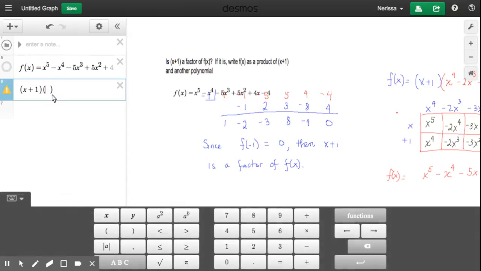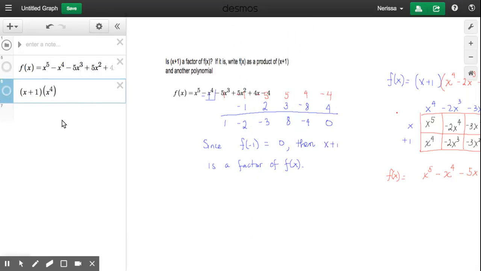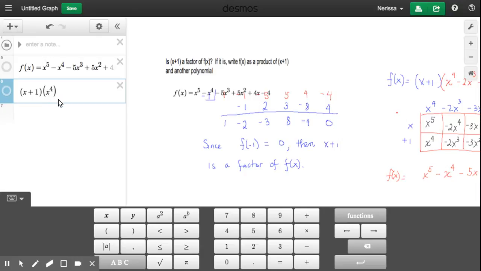the other factor would be 1x to the fourth, or x to the fourth, minus 2x cubed. So we got that from here. Then minus 3x squared. And the next one is positive 8x.